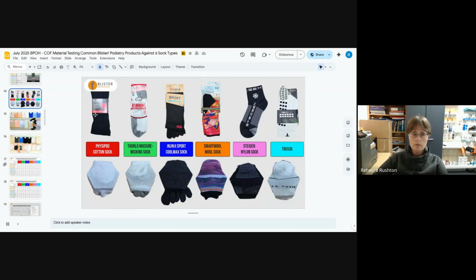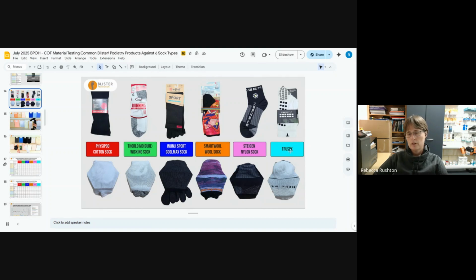So we tested the 85% cotton sock, a moisture-wicking Thorlo sock, the Injinji Coolmax sock. This was the sport type, so they have the highest amount of Coolmax. We used a Smart Wool woolen sock, the Stegen nylon sock, because more than one person has said that these are good for blister prevention.